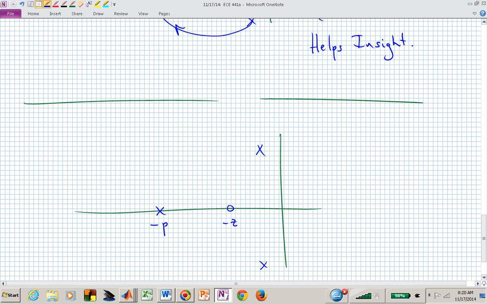Here's a thumbs up or thumbs down. Is the rightmost segment a part of the root locus? Up or down at the count of 3? 1, 2, 3. Okay, so the rightmost is not. What about the middle segment? 1, 2, 3.